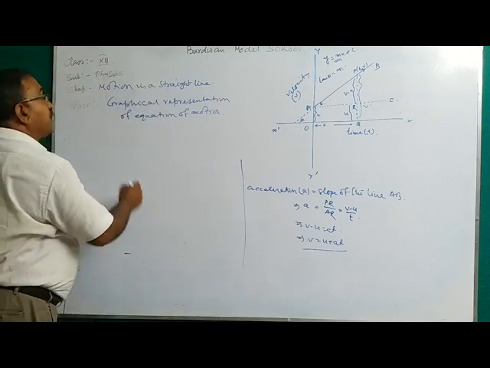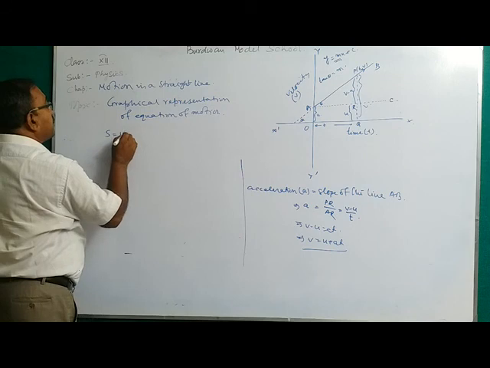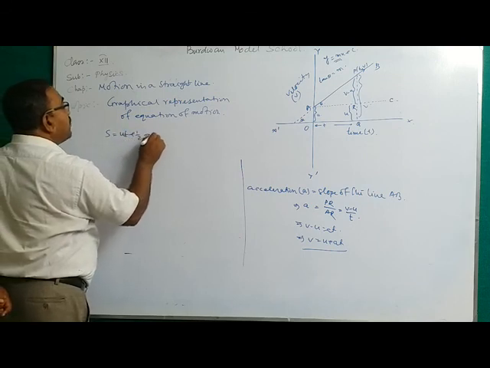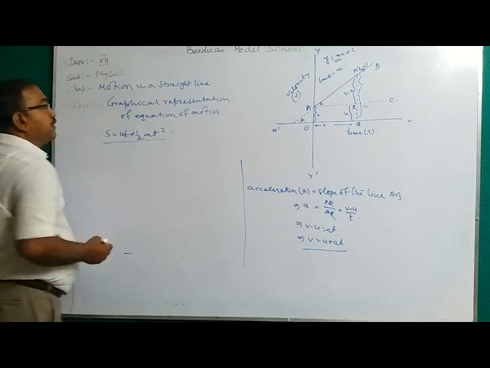Suppose you find the equation by the graphical method, s equal to ut plus half at square. How can I find it?